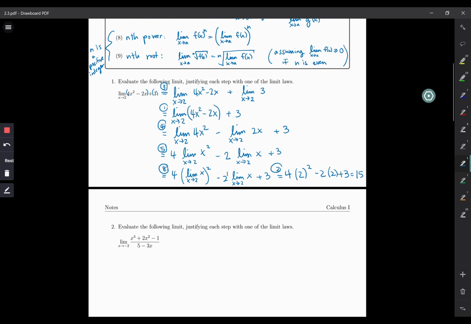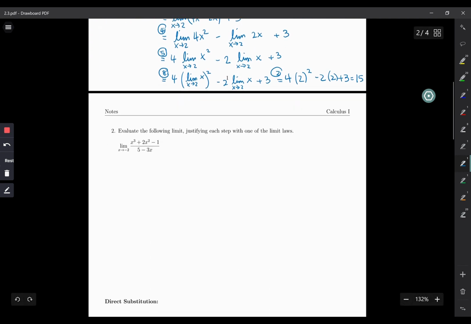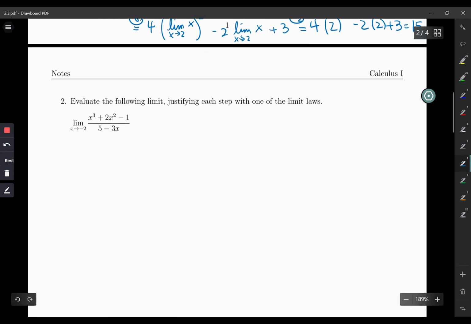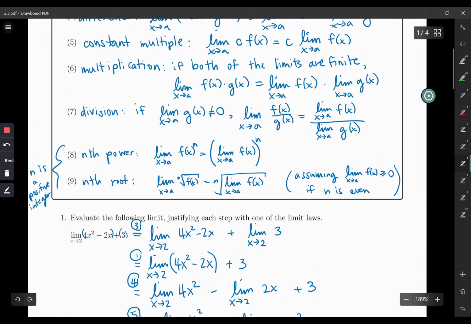But let's do one more example. Here we have this function, and the first thing we would probably want to do is use the division rule. But before we do that, remember that we need to make sure the limit of the bottom, the denominator, is not equal to 0.